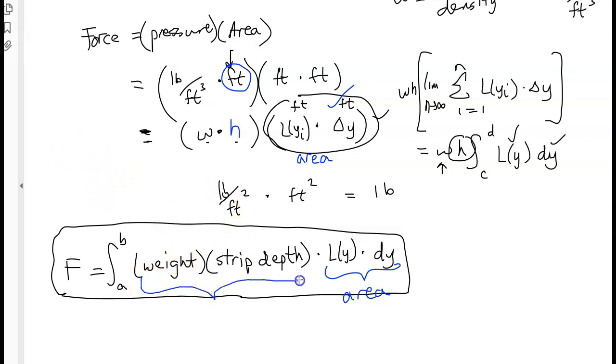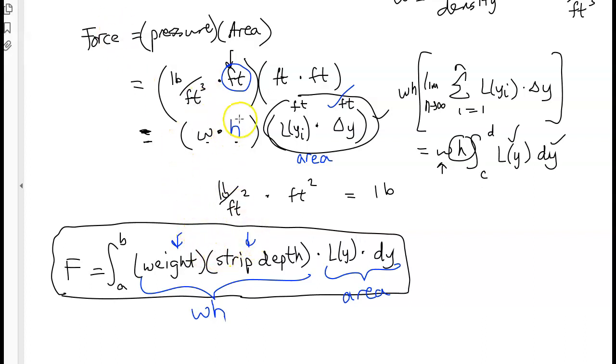And this part is your W times H, which is your weight density here. And really it's like your weight density times the area here. Sorry, not that. It's the weight density here times the strip depth, okay?